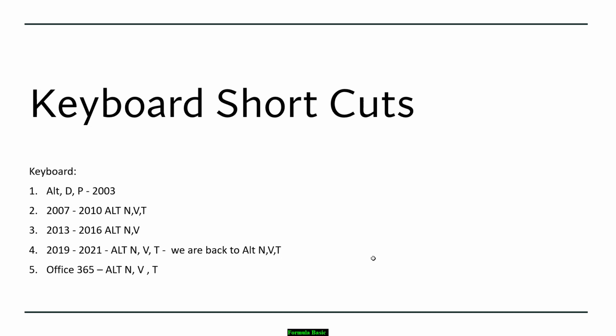But when you are back again to the 2019 or 2021 version, or you're using the version that I'm using called Office 365, then you will get back the old keyboard shortcut that we used in the 2007 and 2010 version. That is called Alt-N-V.